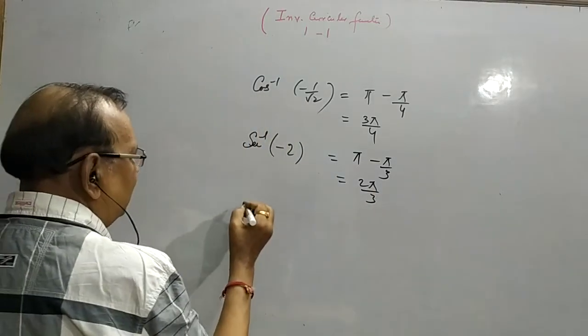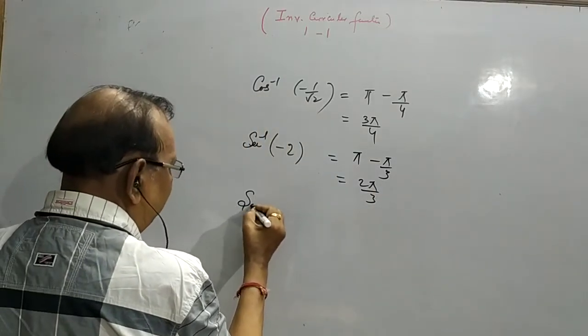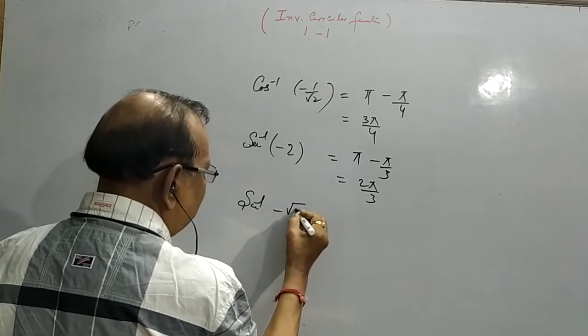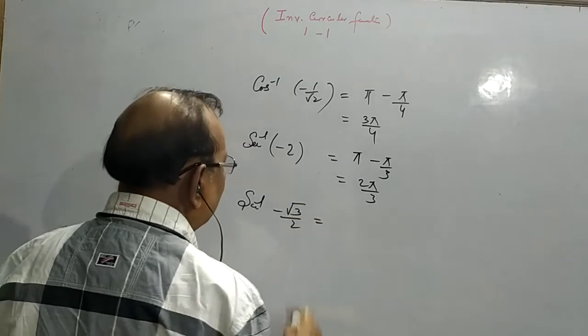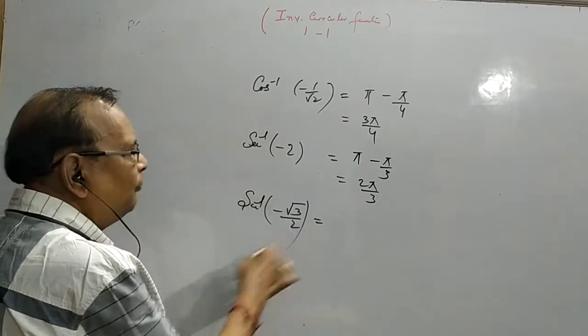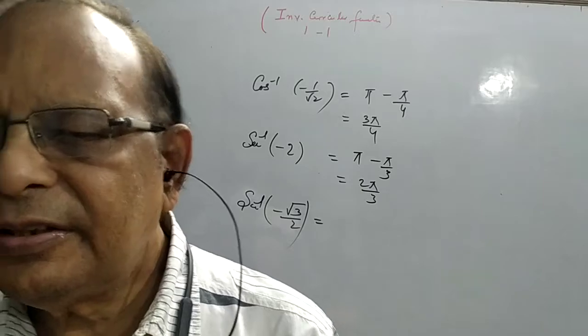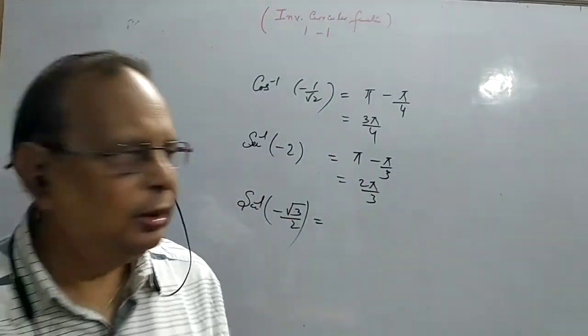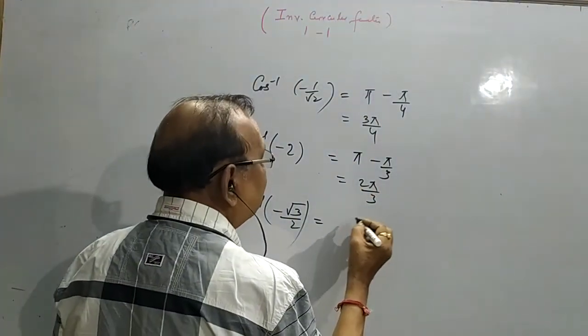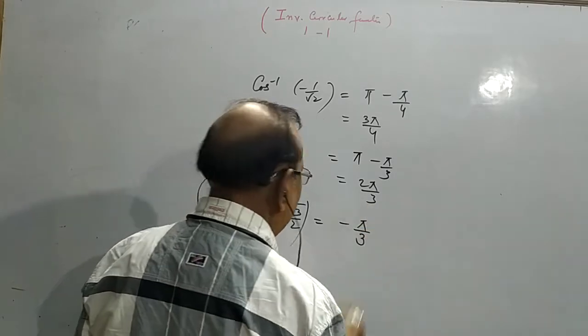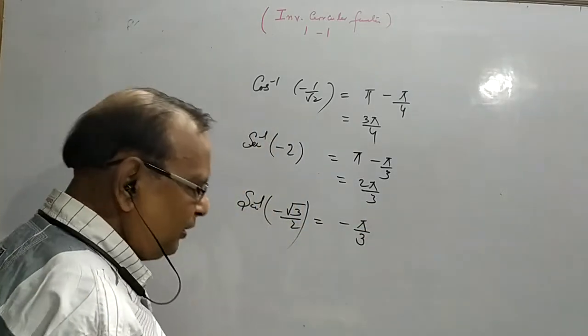Similarly, we can take sine inverse minus root 3 by 2. Sine inverse root 3 by 2 will be pi by 3, as sin pi by 3 is equal to root 3 by 2. That means minus pi by 3. Only minus will be outside.